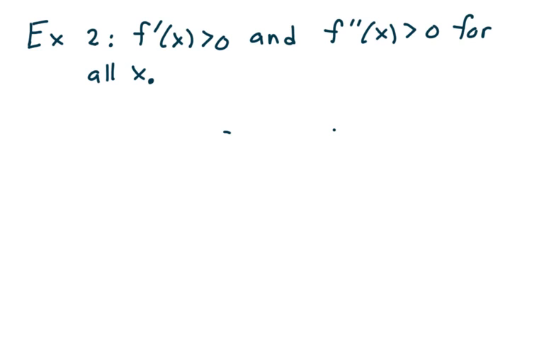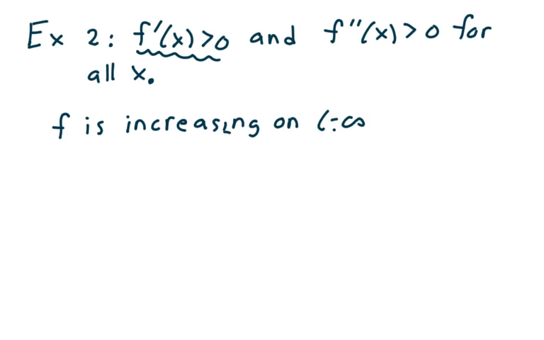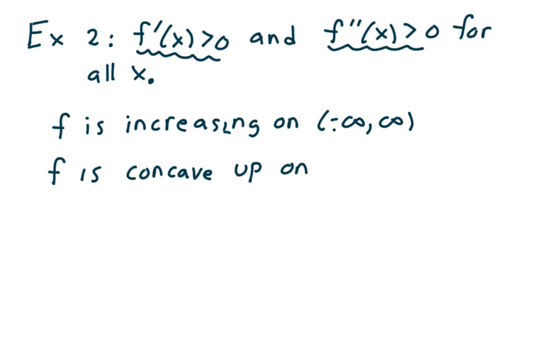Well, f prime of x is positive means f is increasing on negative infinity to infinity. F double prime of x is greater than 0, so f is concave up. So f is concave up on negative infinity to infinity.